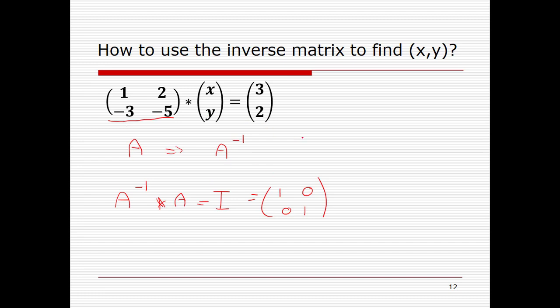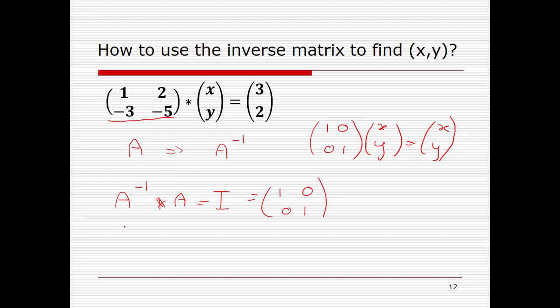So multiplying a unity matrix with xy would just give us xy. 1 times x plus 0 times y. For the second one, 0 times x plus 1 times y. So if I multiply on the left with the inverse matrix, the only thing which will remain is the xy.